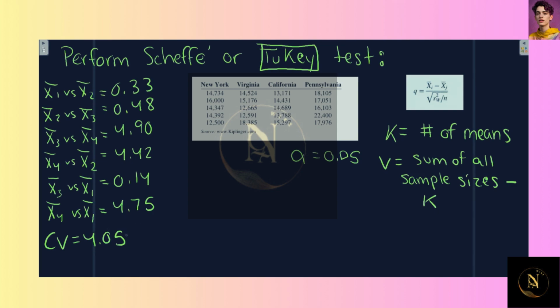That means we're going to have a significant pair. So is 0.33 larger than 4.05? No. Is 0.48? No. Is 4.9? Yes. Is 4.42? Yes. Is 0.14? No. Is 4.75? Yes. Okay, so we have 3 significant pairs.